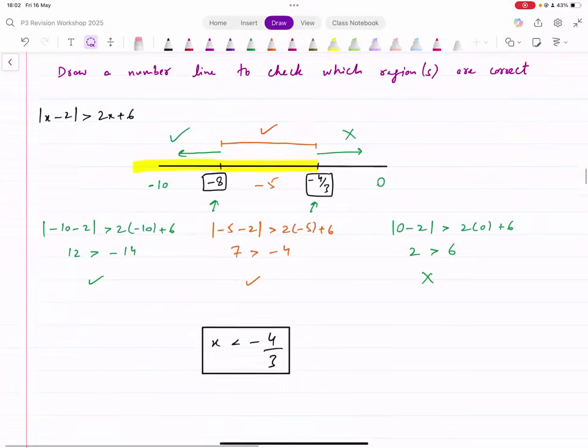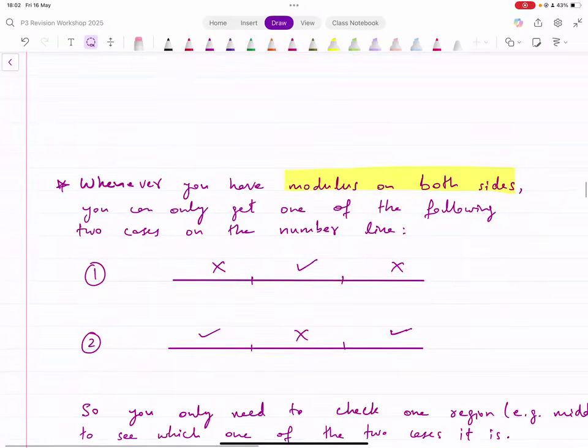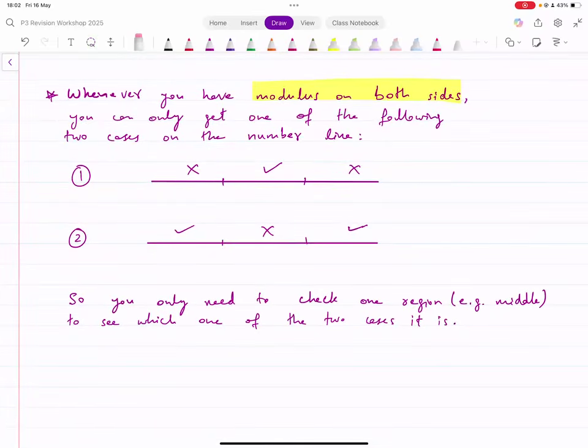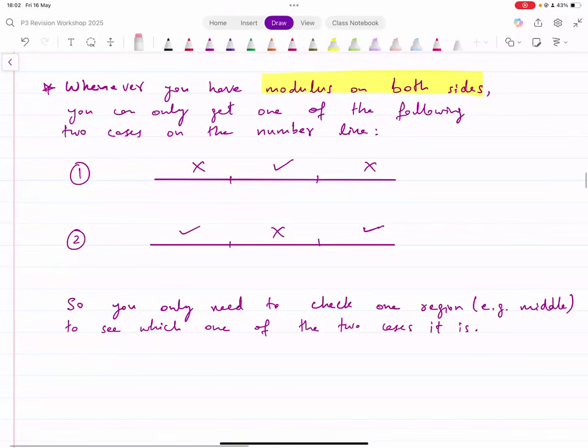However, when you have modulus on both sides of an inequality, in this case as well, if you want, you can check all regions, and that's perfectly okay. But to make it a bit more efficient and save some time, you can remember when you have modulus on both sides, it's only going to be one of these 2 cases. It can't be any other possibility.